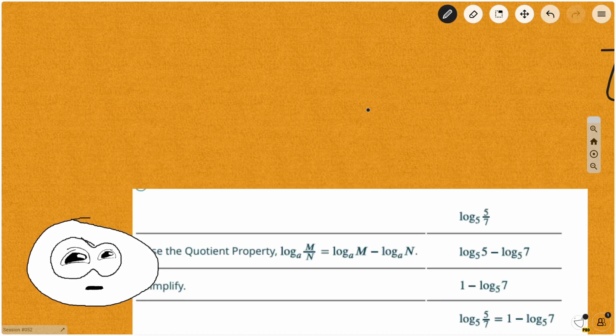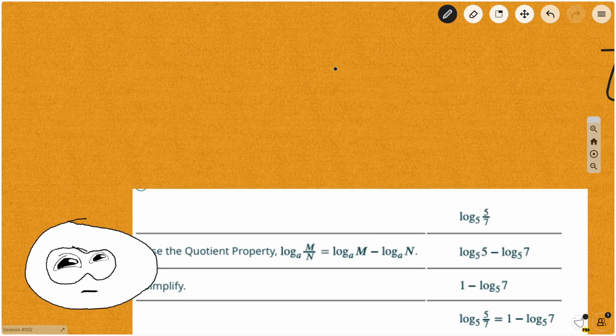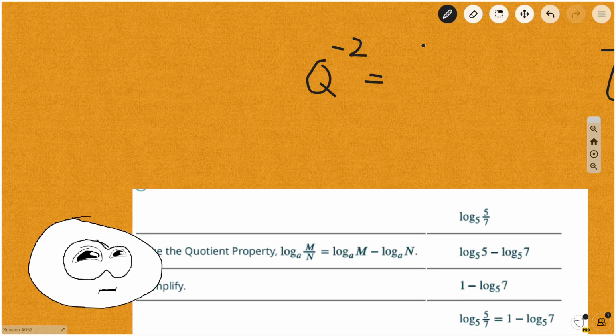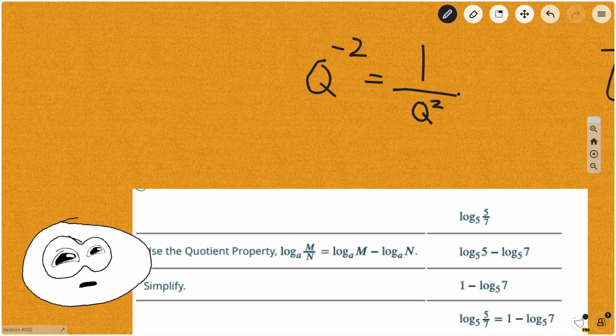And just like how if you have an exponent, and it's, I don't know, q to the negative 2, that also equals 1 over q squared, right? It gets flipped.